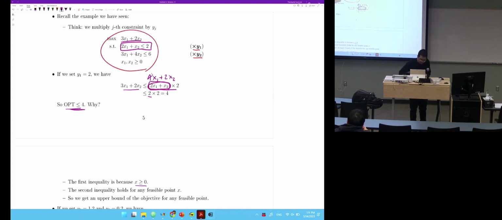The second inequality holds for any feasible point x. So what you get is that this objective is at most 4, and this is true as long as x is a feasible point.